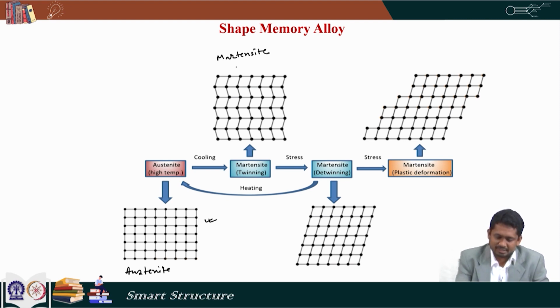Now, if we compare these two diagrams, we can see that there is a microscopically small difference. This kind of structure is called a twinned structure, because if I take a line like this, with respect to this line, the upper part and lower part seem to be mirror images of each other, and this is called a twin boundary.